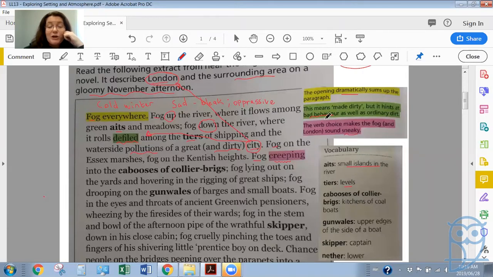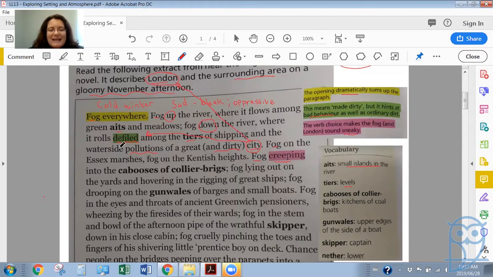The comment is that the choice of the verb to creep makes the fog and London sound sneaky. And this can also relate to that idea of bad behavior, of desecration, of vandalism, something not quite honest, not quite ethical.